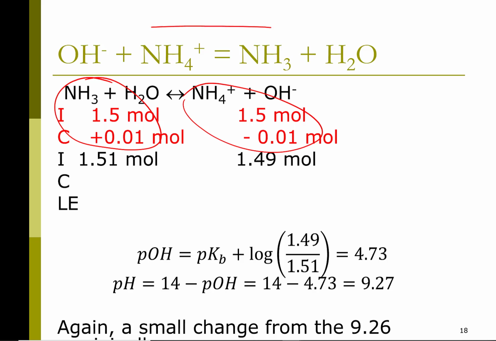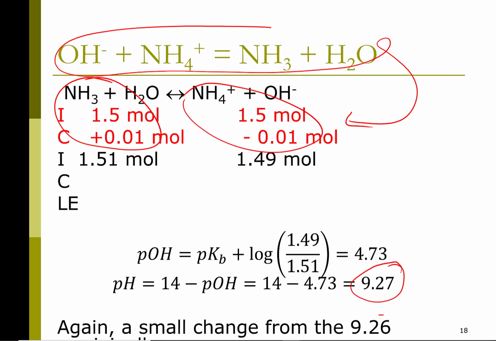And again, this neutralization reaction is really the top half of that ice chart. And so now, instead of going down by 0.01, right, the pH went up by 0.01. So again, you see the same basic issue. I add a base to a buffer, it becomes more basic, right? It just doesn't change very much.